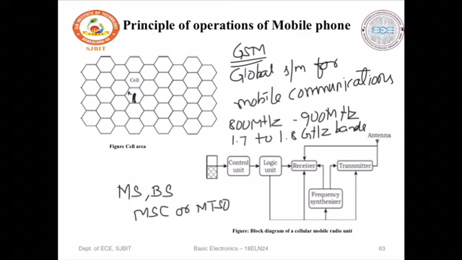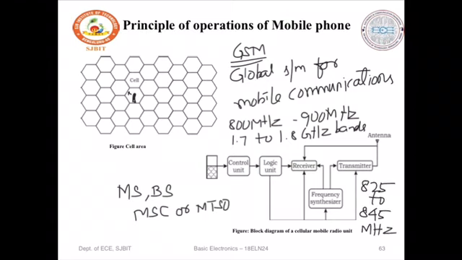This diagram, depicting the block diagram of the cellular mobile radio unit, has five major parts: the transmitter, receiver, frequency synthesizer, the logic unit, and the control unit. The transmitter is a low power FM transmitter operating in the frequency range of 825 to 845 megahertz.